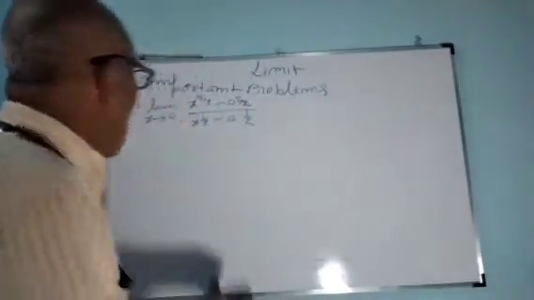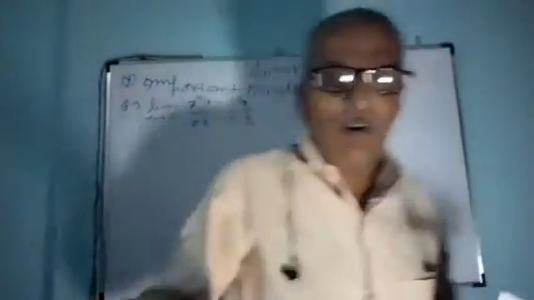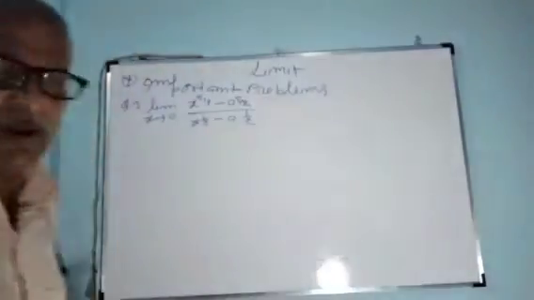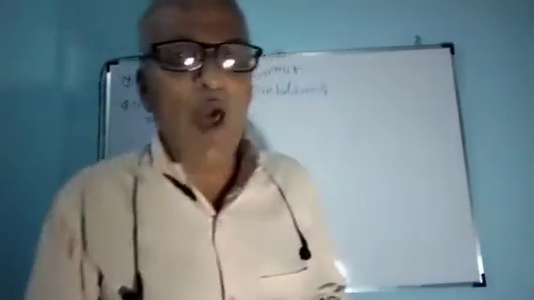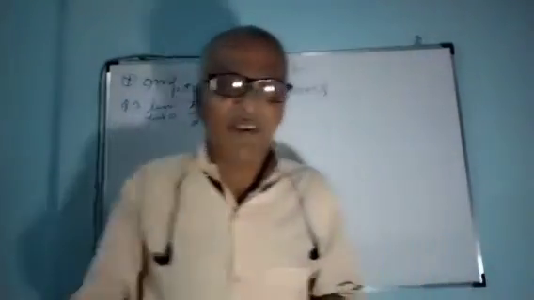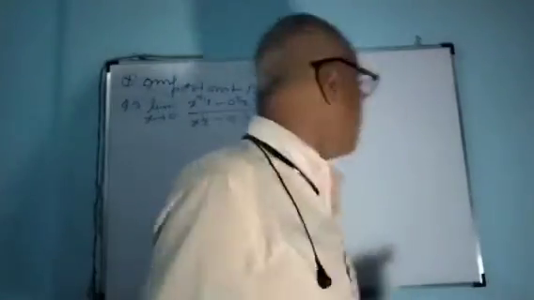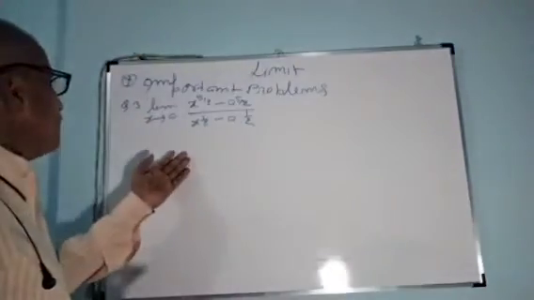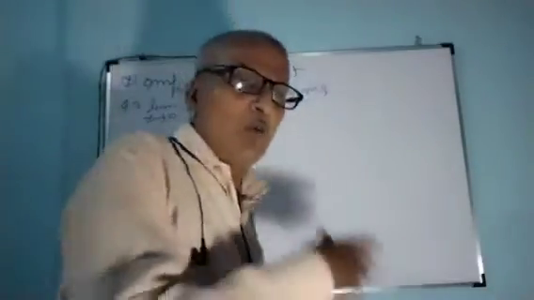So we arrange this function in appropriate form so that we are able to use the formula directly and obtain the limiting value of the function. Obviously, this function is 0 by 0 form.